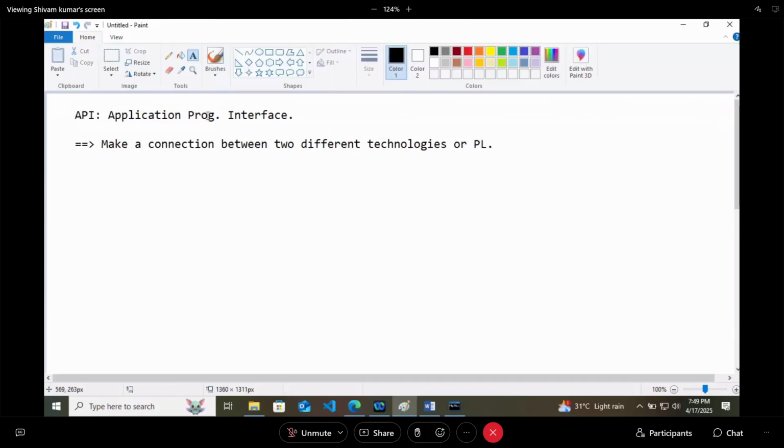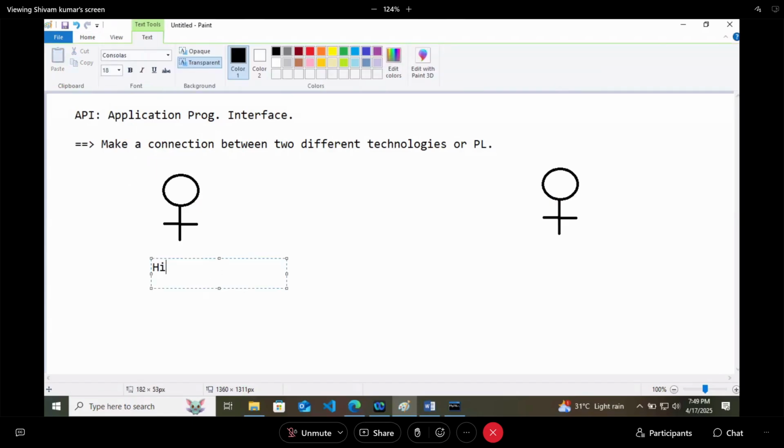Now, technologies means, let's say there are two human beings and they are from different regions of the country. This person is from north, which is comfortable in talking in Hindi.